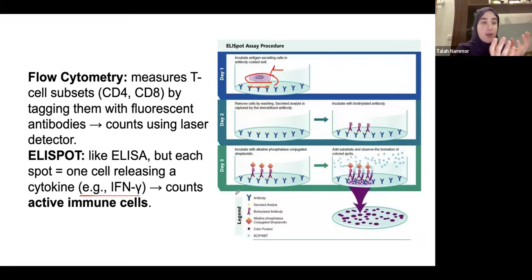We have a white blood cell and we got a bacteria. We want this white blood cell to act against this bacteria, and we want to count how many immune cells are doing that. So we already exposed this macrophage to the bacteria. These are supposed to be against the bacteria. So we put them here, and then these antigens are bound to the antibodies. And then we want to count how many antigens were formed.